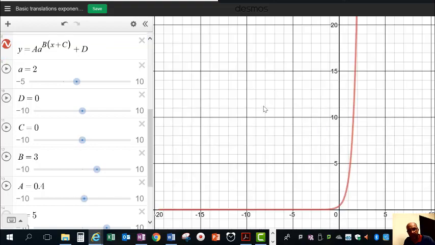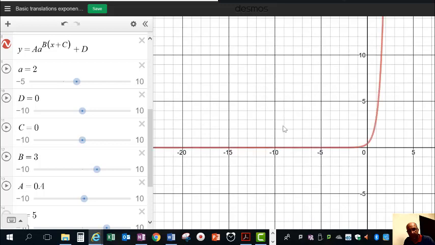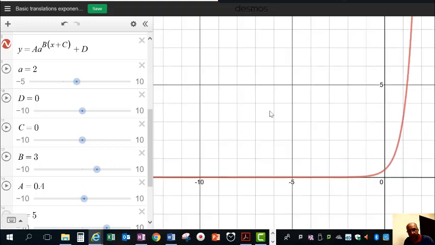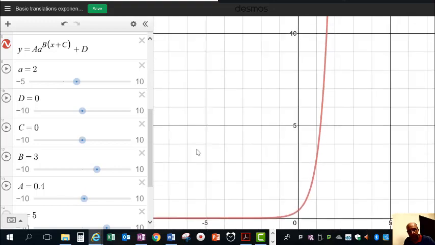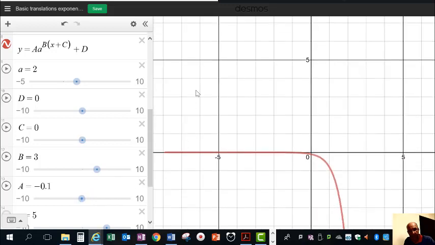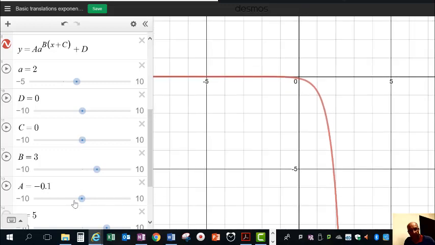Zooming in a bit, we can see its effect. As we increase it, it's a vertical stretch. Decrease it, it's less stretched. And interestingly, once it's negative, it's inverted. This one at -2 is the mirror image of when it's at +2, with the x-axis as the mirror. The important thing to know is a vertical stretch by a factor of whatever A is.